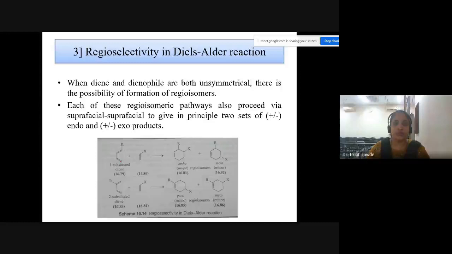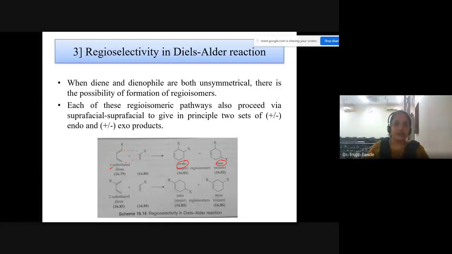Like here, look, this is one substituted diene and this is dienophile. So when they are going to interact, either I can have this kind of interaction or I can take this X down. So either I will get formation of ortho or I will get formation of meta isomer.